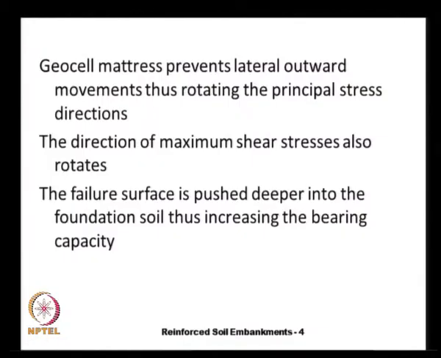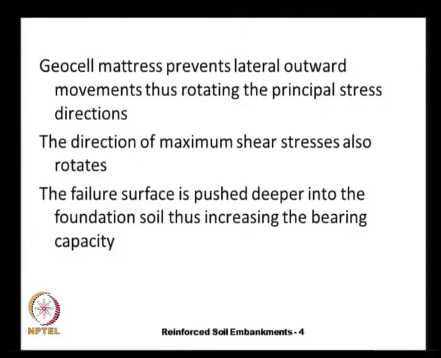So, without the Geocell mattress, if there is only embankment, the major principal stress is vertical and the minor principal stress is horizontal, and that may remain so because our embankment is relatively flexible in the absence of any Geocell mattress, and we can assume that there will be lateral outflow of the soil, and then we form the normal slip circle.